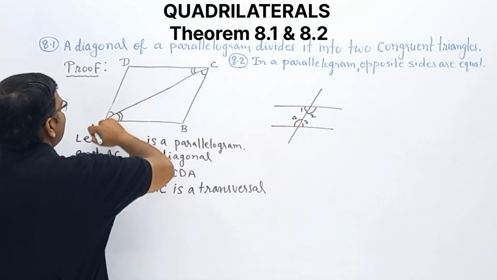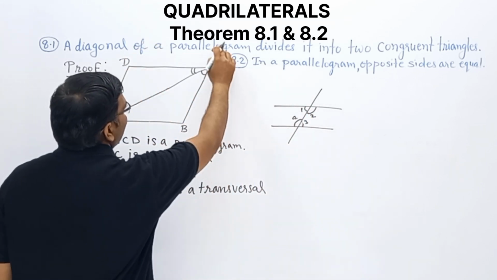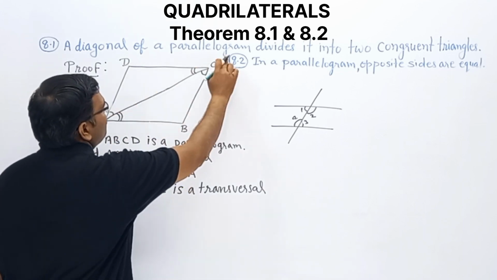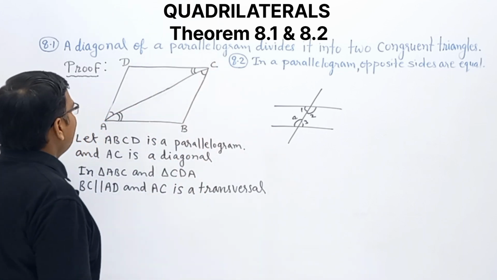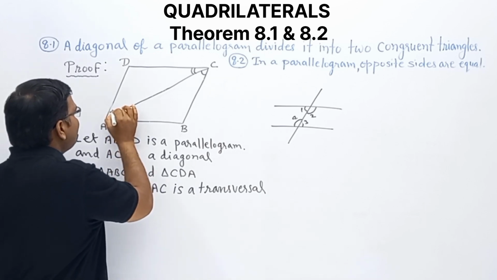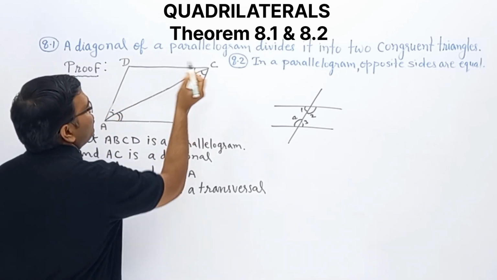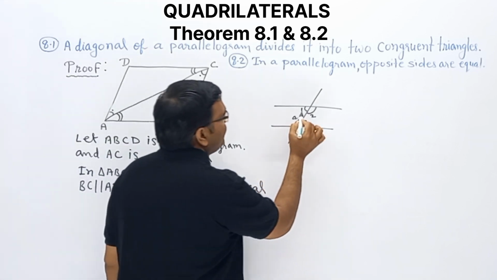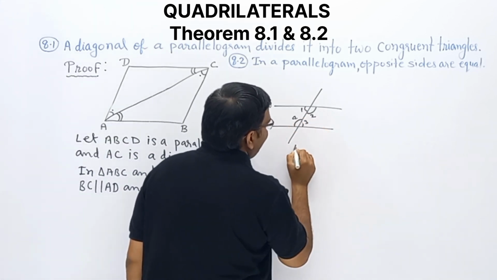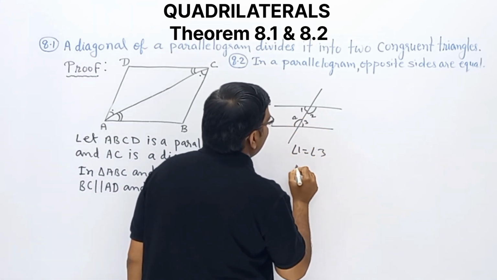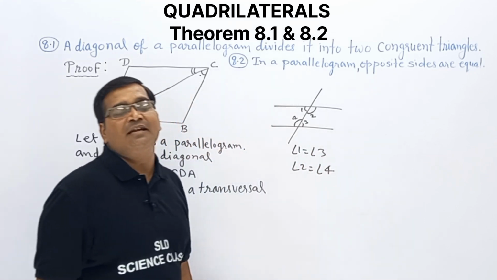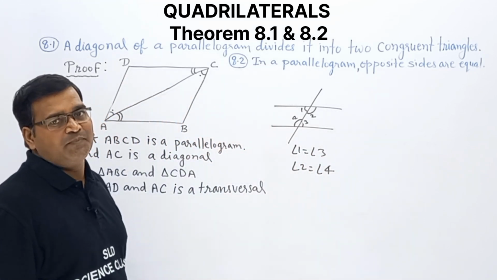Now AD and BC, two parallel lines are there and AC is a transversal, then this angle is equal to this one, yes or no? Angle 1 equals angle 3 and angle 2 equals angle 4. Why? Because alternate interior angles are equal.